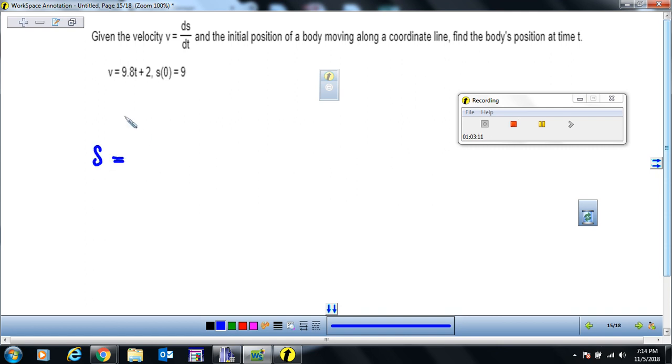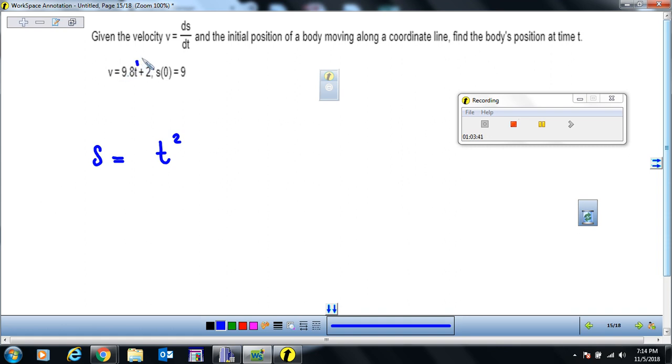So I need to go backwards thinking what could have been the original function to this derivative. So okay, if this 9.8 is here, it's because that 9.8 is probably the result of, okay, there's a 9.8 here, but also look at the exponent on the t, it's a 1. So at some point that t was raised to the second power, right?